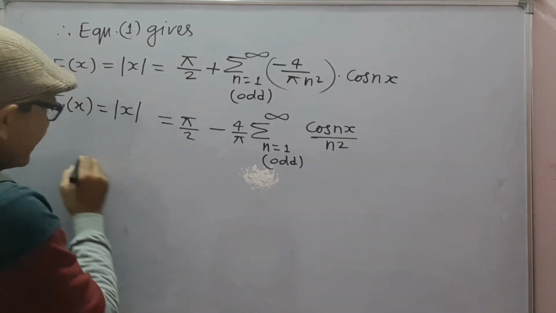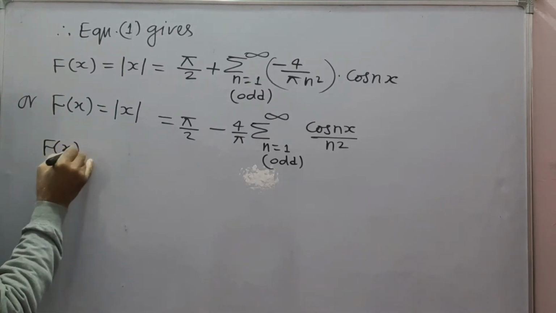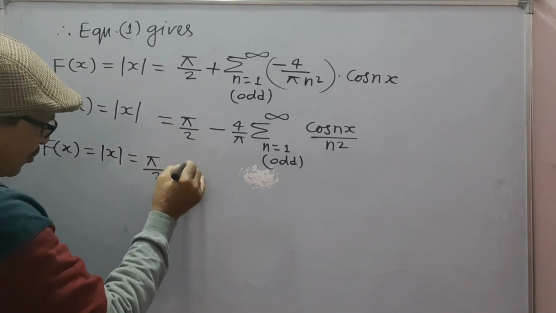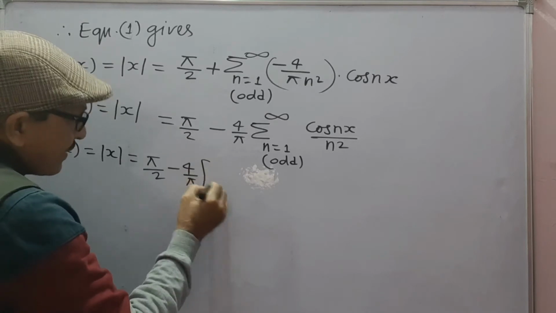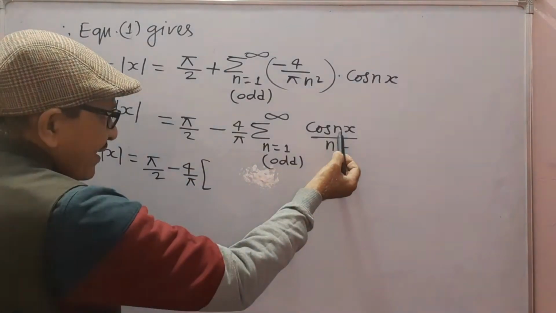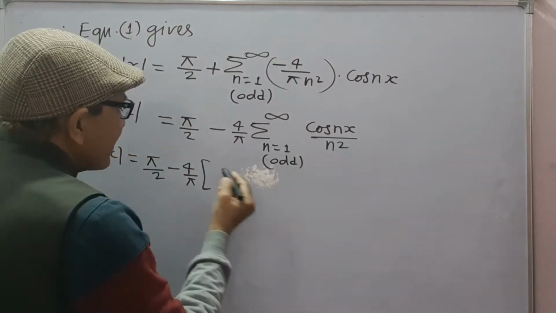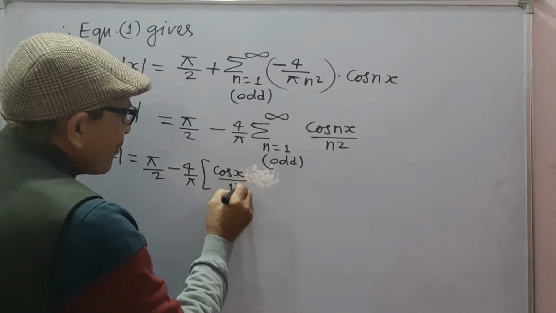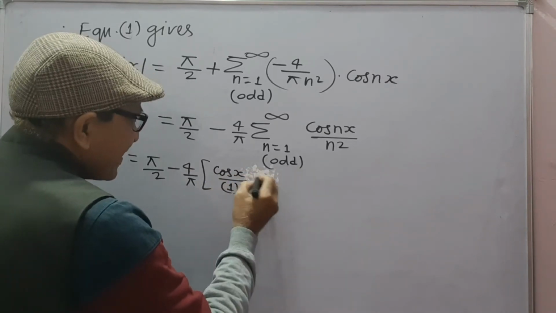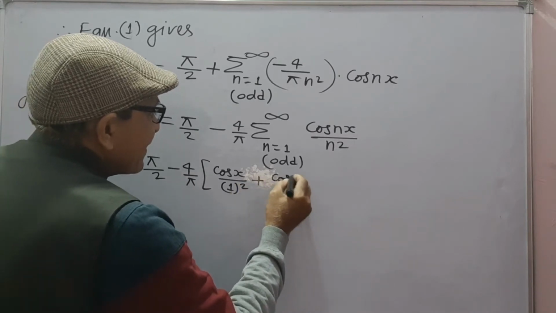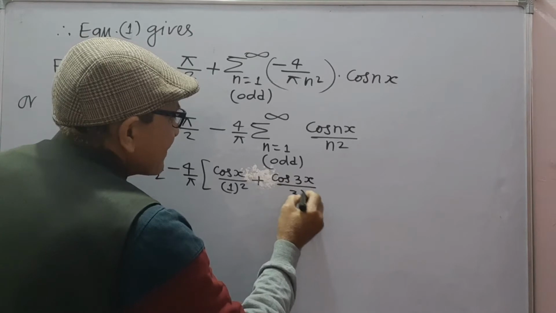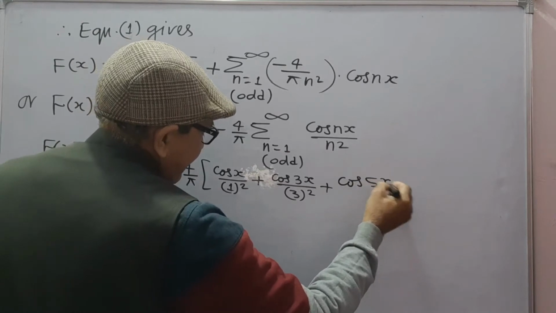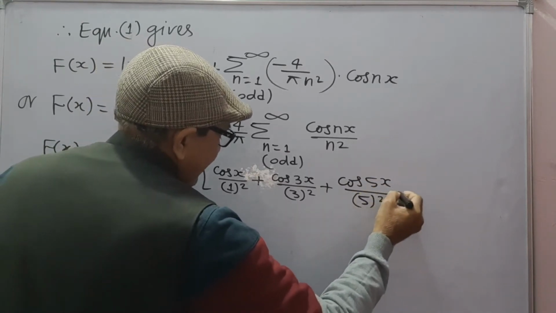Now we can expand it as |x| = pi/2 minus 4/pi [when n is 1, this will be cos x/1², next odd number will be 3, so we get cos 3x/3², next odd number is 5, cos 5x/5², and so on].